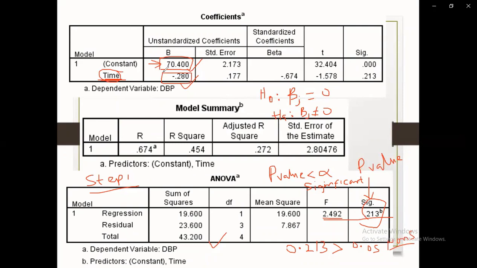If it's 0, then in the model, let me just use the general model, y equals a plus the beta times x. If you test the value of beta and it's 0, then 0 times x will go to 0. So once again, the independent variable is not important in predicting your y.